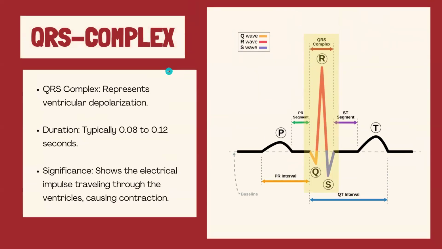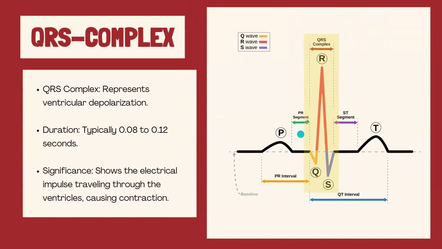Moving on, we have the QRS complex, which is this big spike that I think many of you will be interested in. The QRS complex represents the ventricular depolarization. Remember the P wave was for the atrial depolarization, but the QRS complex is for the ventricular depolarization.